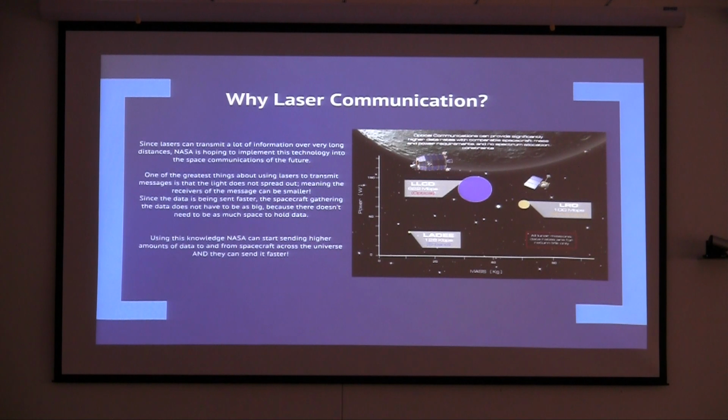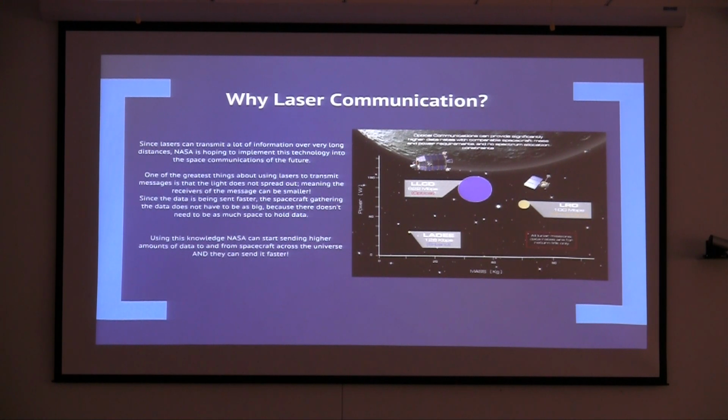It goes from sending about 10 centimeters, and by the time it gets down to Earth, it's only spread to about 40 centimeters, versus sending a radio wave from space, which is about 10 centimeters, to the size of the United States.